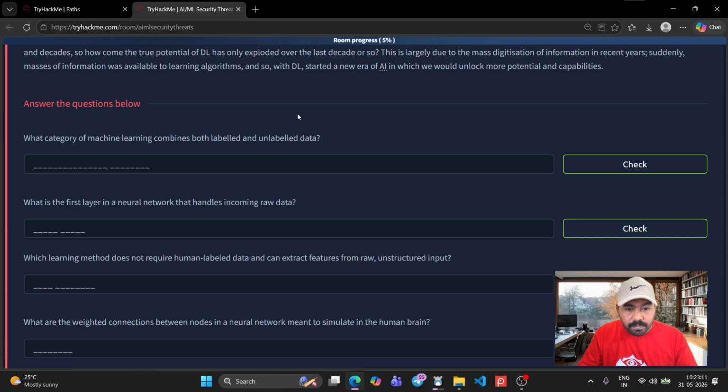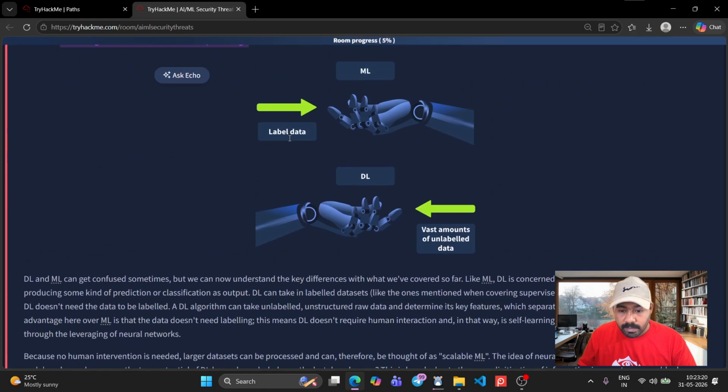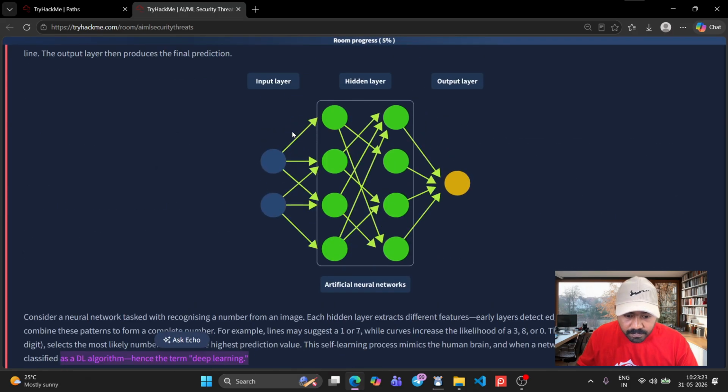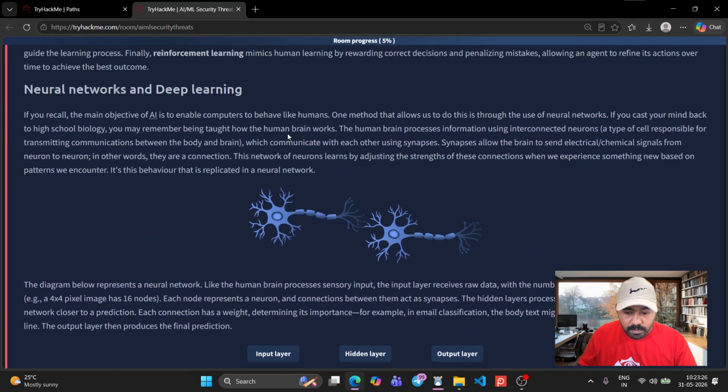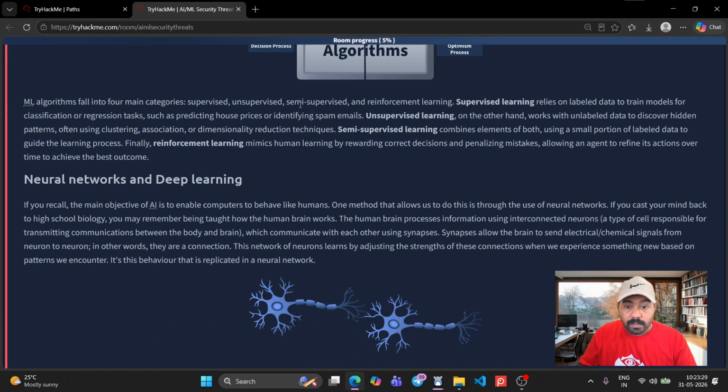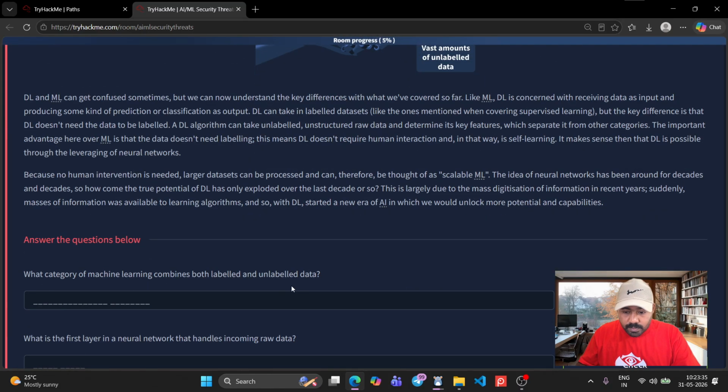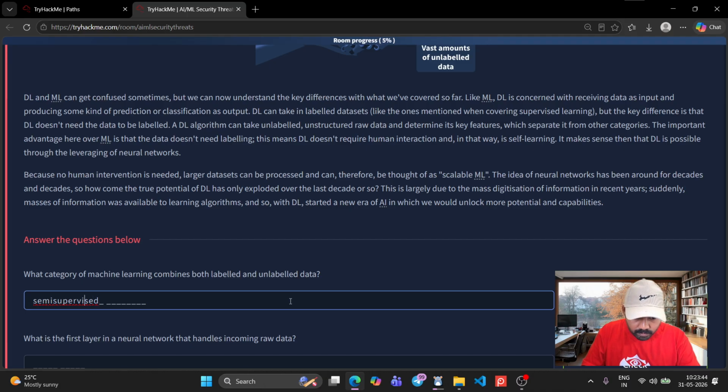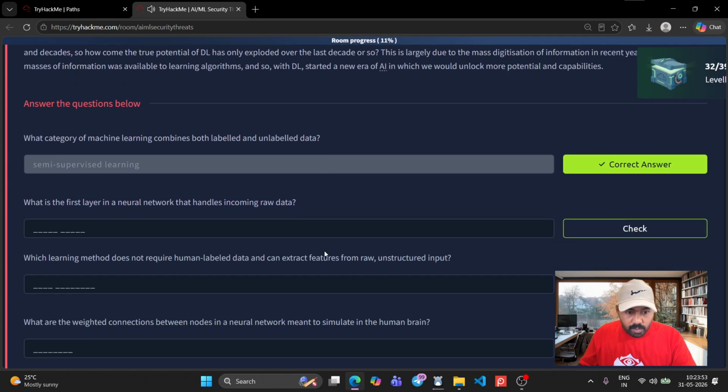Labeled and unlabeled data, I think it's this one: semi-supervised learning. Okay, that's the correct answer.